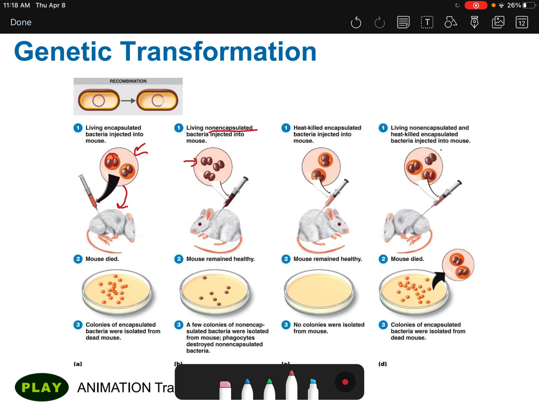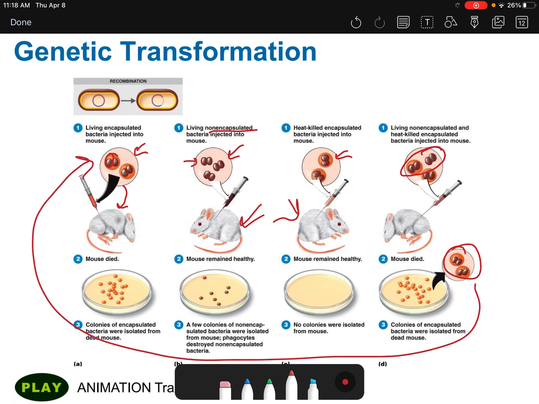Then he mixed these two types. Heat killed, like this one right here, and then the ones that don't have any capsule surrounding them, these two. Well, both of those cause those mice to live normally. But when he mixed them, the mouse died. And guess what? It looked just like the kind over here.